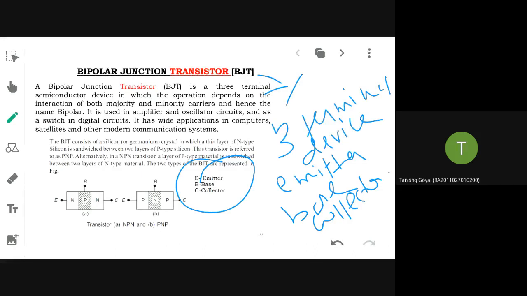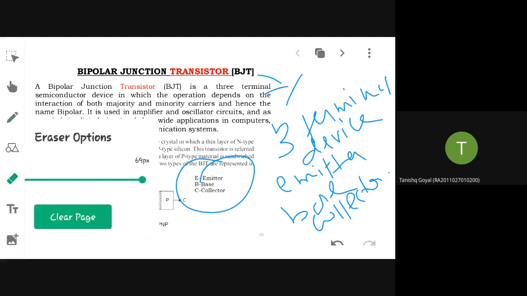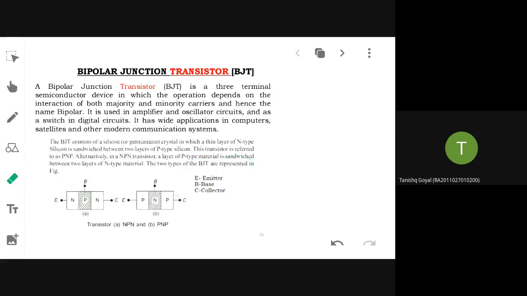Now, how you get that construction we need to discuss. Before that, why the name bipolar junction transistor? The earlier devices, the PN junction diode and Zener diode, operate because of majority or minority charge carriers?